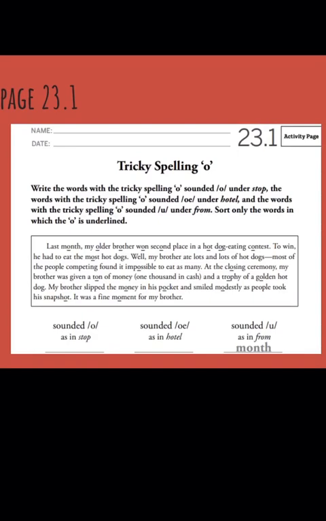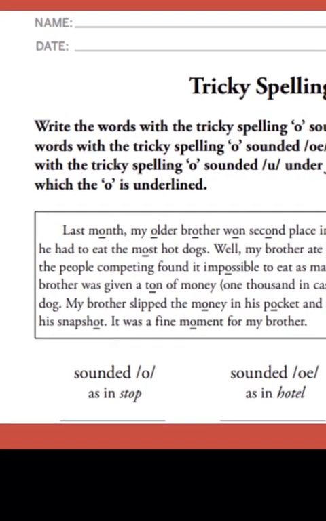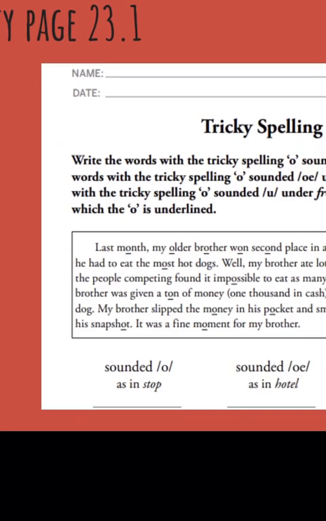Sort only the words in which the O is underlined. So you are going to read the passage that is in the box, and you're going to really look at the words that have the O underlined. For example, the first one is month.